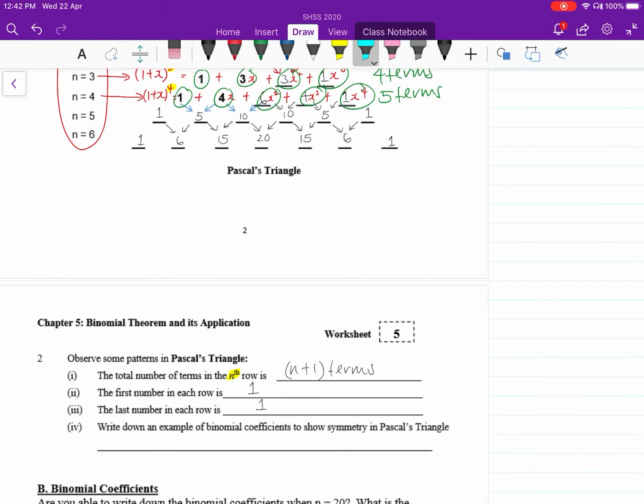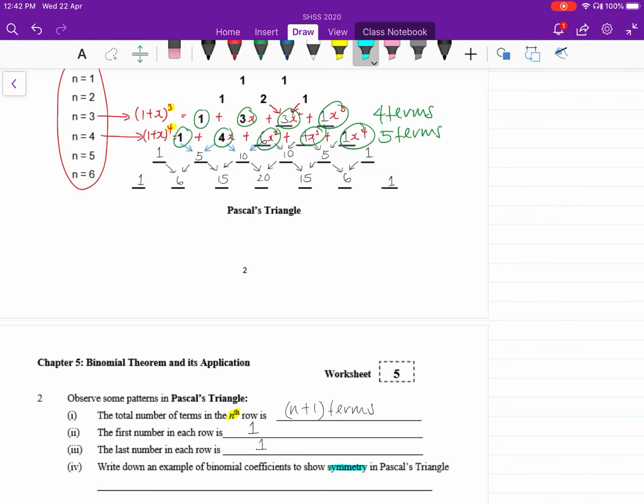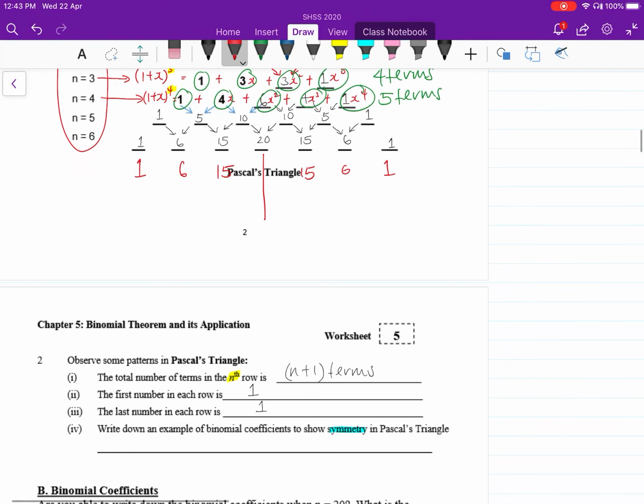Now, if you realize, there is some form of symmetry in Pascal's triangle. What do I mean by symmetry? See, I'm going to draw a line of symmetry here. Do you see this is 15? This is 15. 6, 6, 1, 1. See, there's some form of symmetry over there. Okay, but I'm going to use the 1, 5, 10, 10, 5, 1.